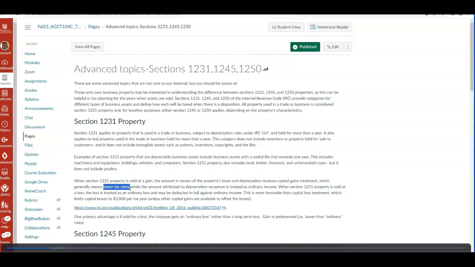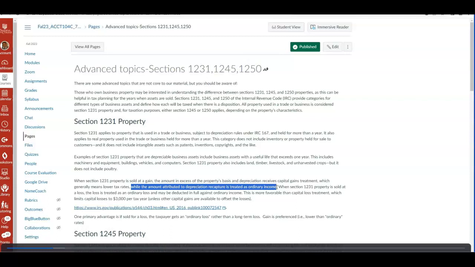And lower tax rate is like 0%, 15%, 20%, depending on your income. However, the amount attributed to depreciation recapture is treated as ordinary income.